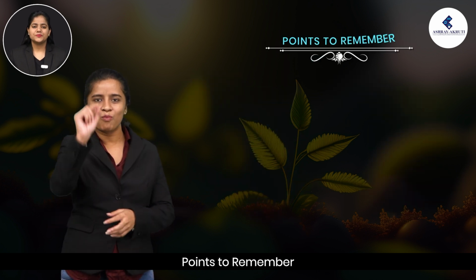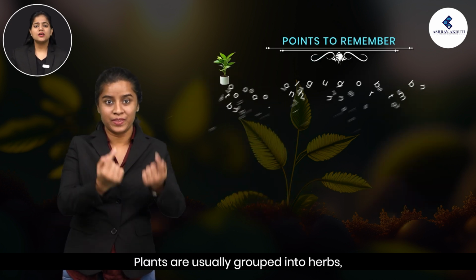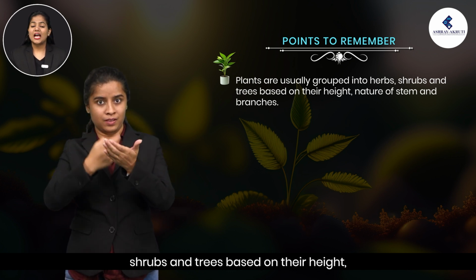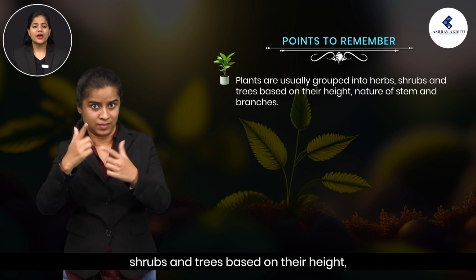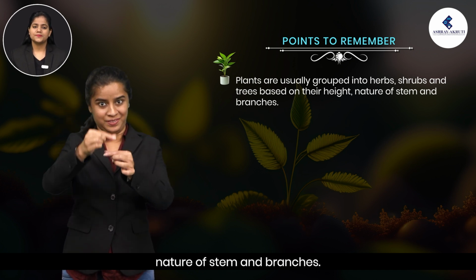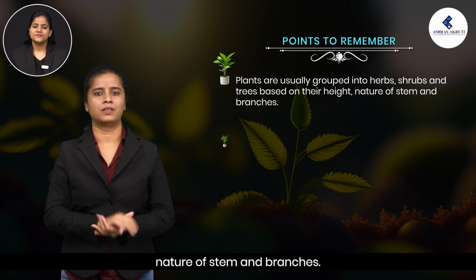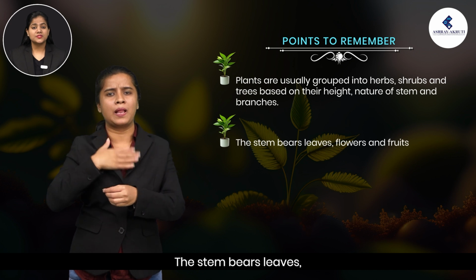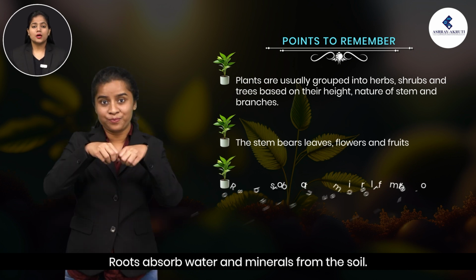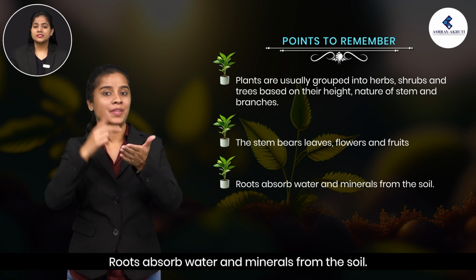Points to remember. Plants are usually grouped into herbs, shrubs, and trees based on their height, nature of stem, and branches. The stem bears leaves, flowers, and fruits. Roots absorb water and minerals from the soil.